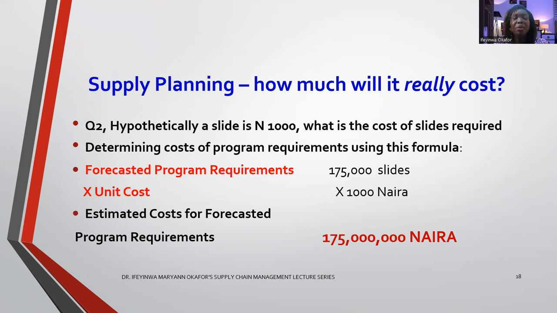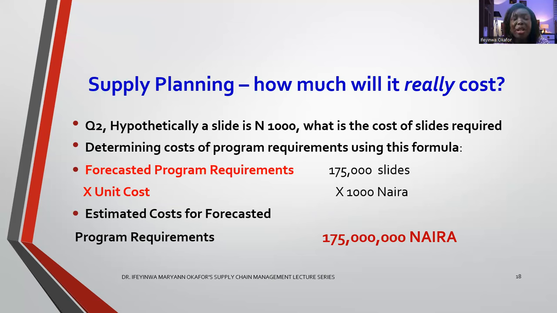Question 2 says, hypothetically, if a slide is 1,000 naira, what is the cost of slides that are actually required? What is the cost of the slides required? From the formula that we have just stated, determining the cost of program requirement, we use the forecasted program requirement. From our calculation, the program requirement for microscopic slide is 175,000 slides.